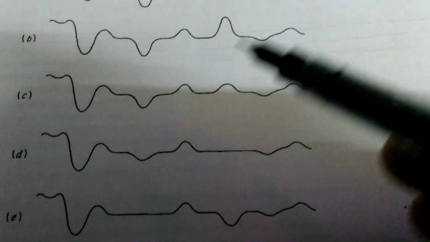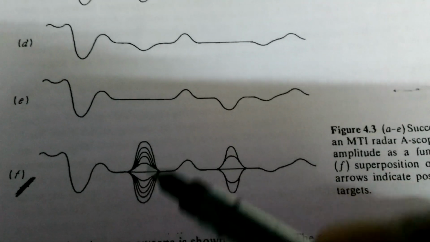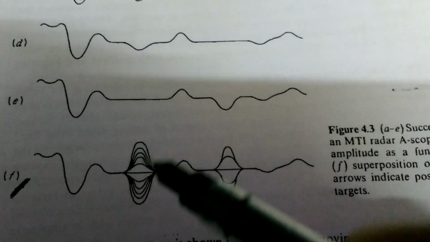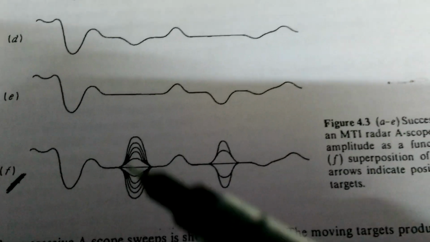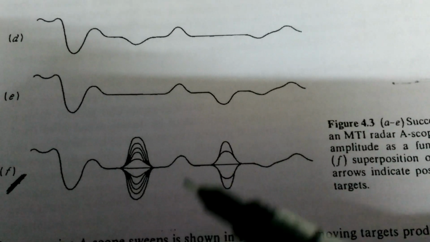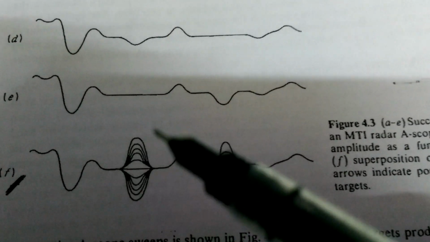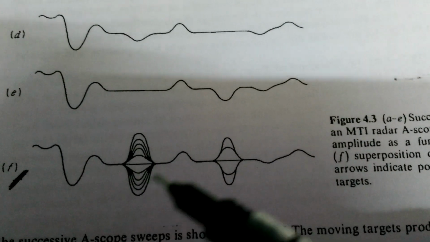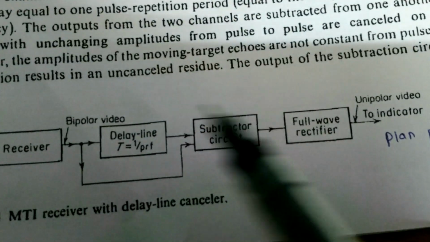Arrows indicate the moving targets, right? Then we looked at what happens if there is a superposition. There is a butterfly in this. Then what should we do? We have to use some delay line cancellers to suppress the DC component of stationary objects to allow the AC components of moving objects, with the help of this figure, right?